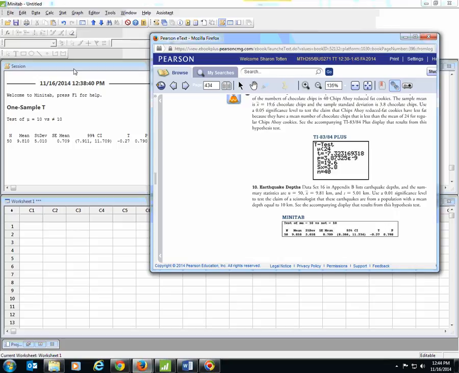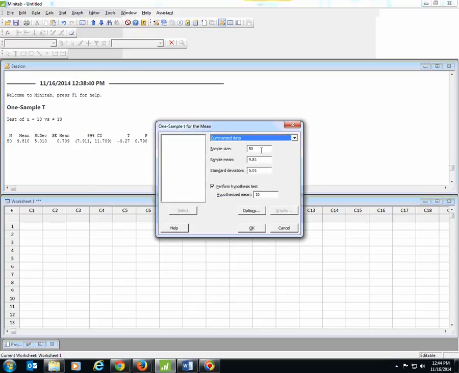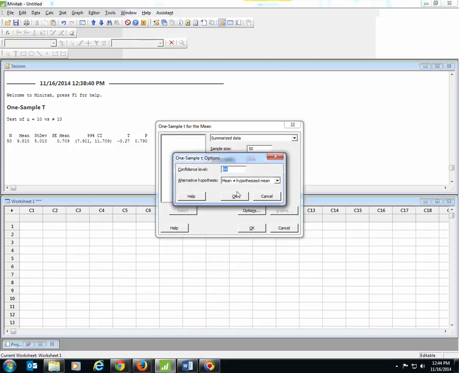Let's see what they actually used. Alright, go back to Stat, Basic Statistics. We're going back down to our t-test. Our sample size is the same, our sample mean is the same, our standard deviation is the same, we've still got the same hypothesized mean, but when you go to options, let's try just plugging in that normal 95 that is in there.